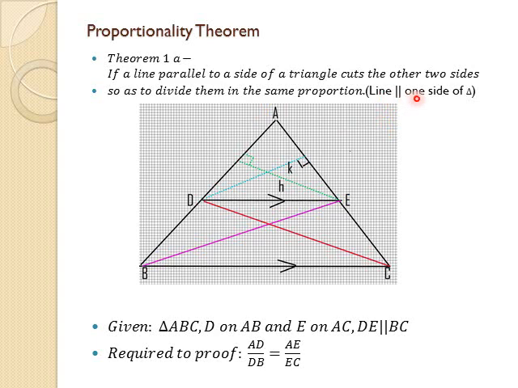Given triangle ABC, D, as you can see, is on the line AB, E is on the line AC, and DE is parallel to BC. Required to prove AD over DB, same side, must equal AE over EC in proportion.